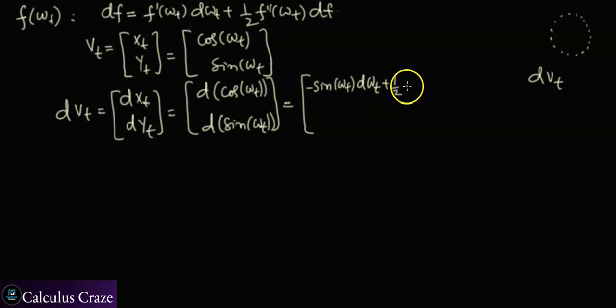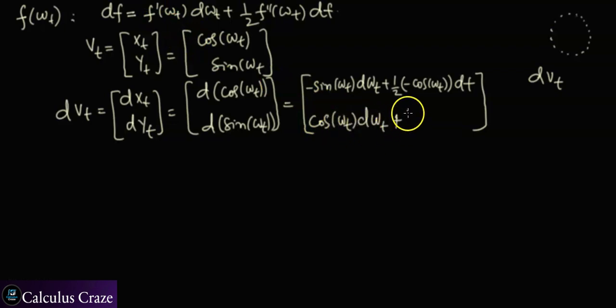So minus sine has the derivative minus cos of w sub t dt, right? On the same lines, I also need to compute the differential of sine of w sub t. So the first derivative of sine is cosine of w sub t dw sub t, plus 1/2 times cosine has the derivative minus sine w sub t dt.